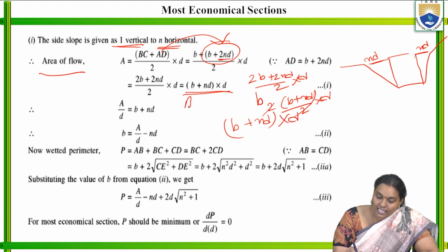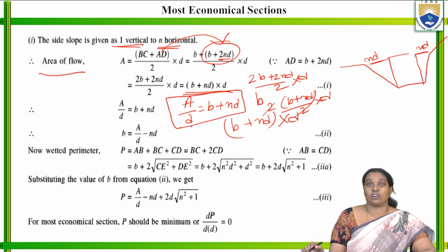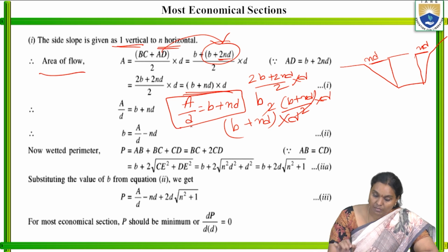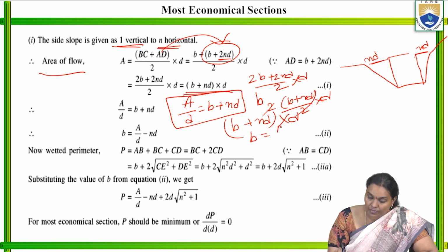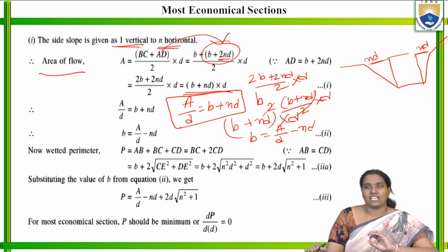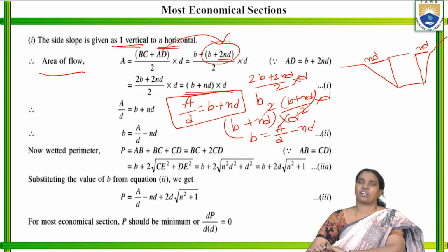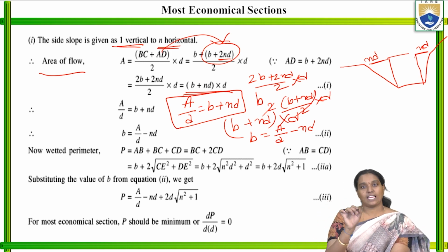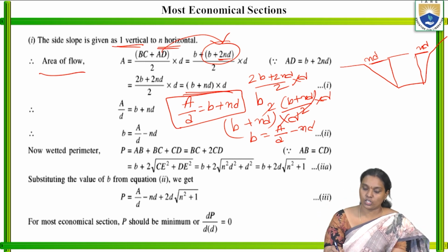And a by d is equal to b plus n into d also. We can write the equation like this also. Similarly, b is equal to a by d minus n into d. This is the width of the channel section in terms of the depth of flow and area.